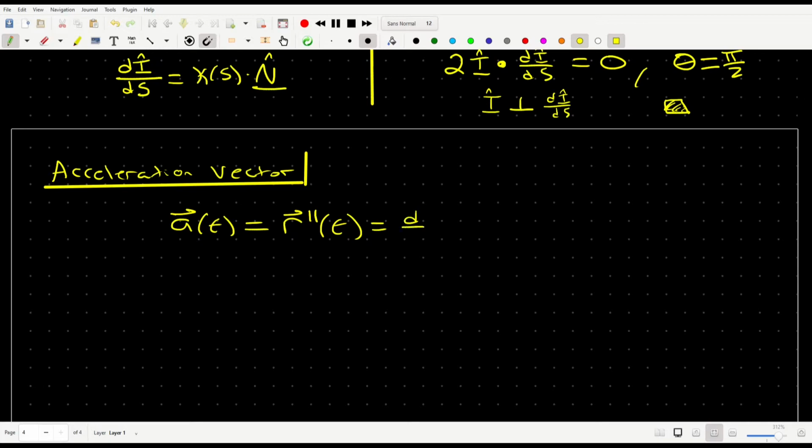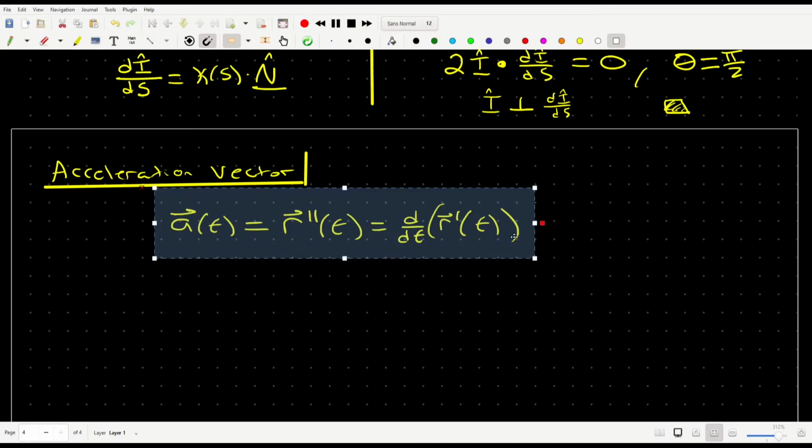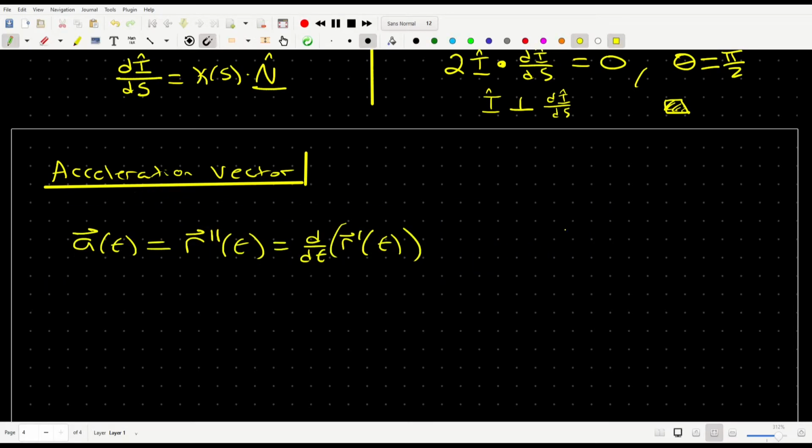Equivalently, we can think of this as the first derivative of the velocity vector, r prime of t, and we know that the velocity vector is the same thing as the magnitude of the velocity vector times the unit tangent vector along the curve.